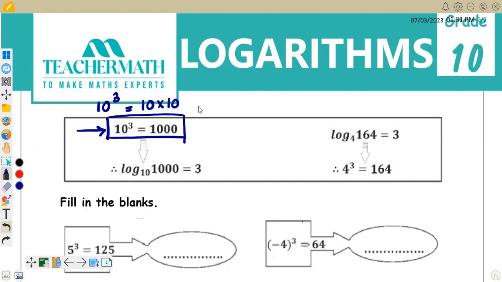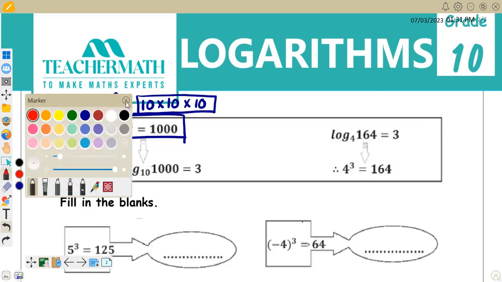This says that 10 has been multiplied repeatedly 3 times. Then we obtain 1000. Then simply this can be expressed as an index form. It is how 10 to the power of 3 is equal to 1000. This is called the index form of a number.